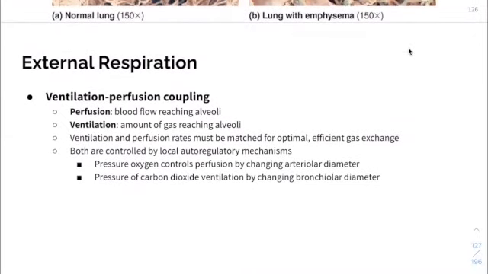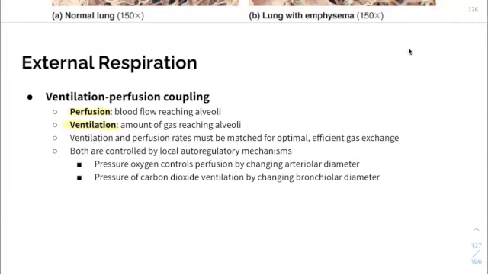So we have a ventilation perfusion coupling. Perfusion, of course, has to do with blood. And that blood reaching those individual alveoli. Well, the ventilation is the gas reaching that alveoli.